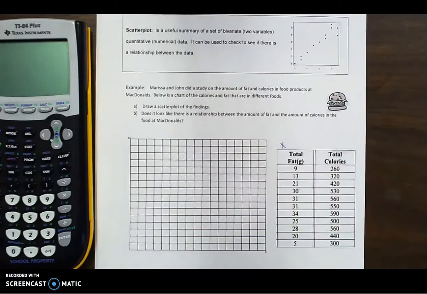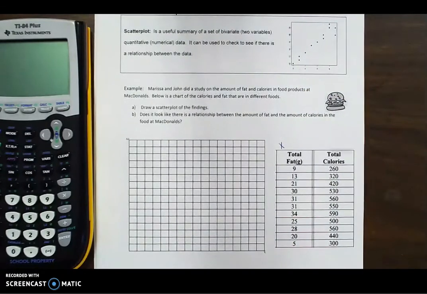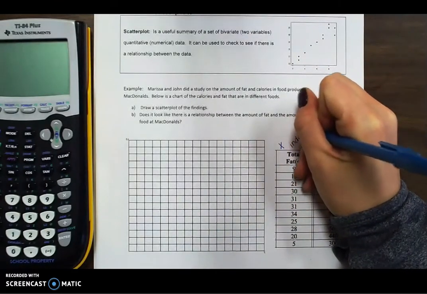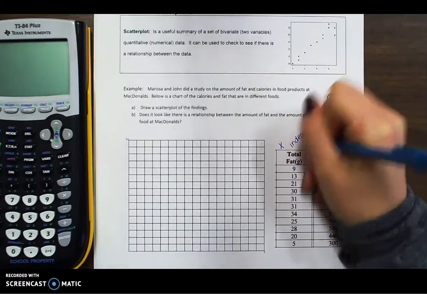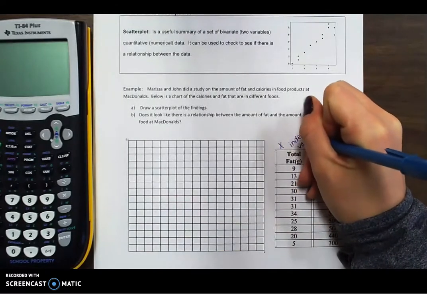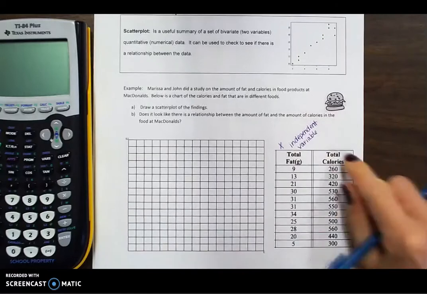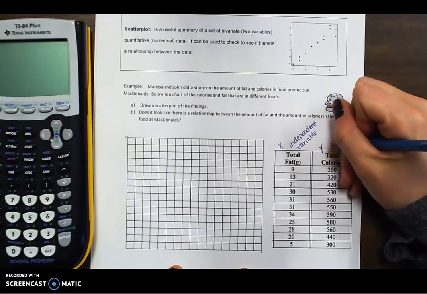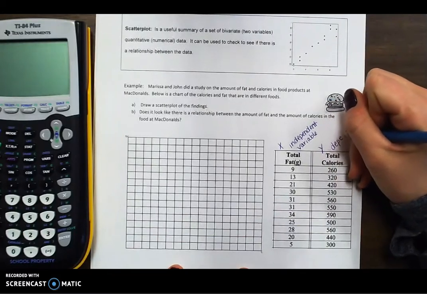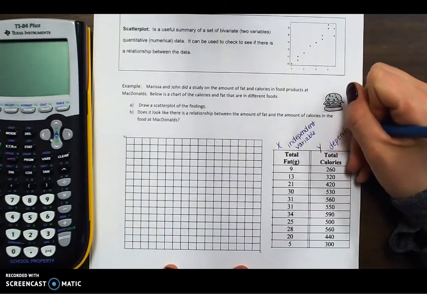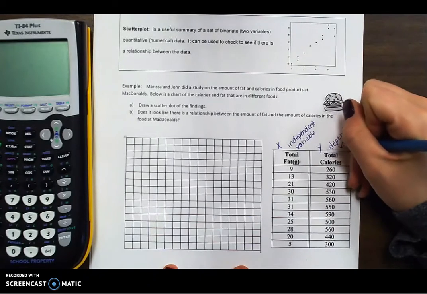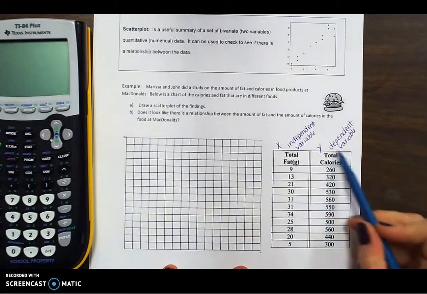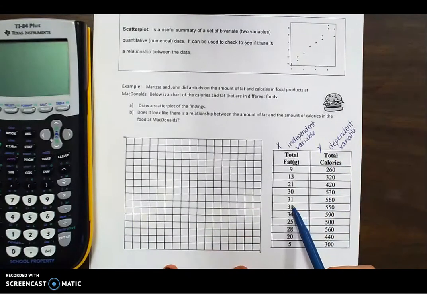Now your X's are also known as your independent variables. Okay, and the second column, these are going to be your Y values. These can also be noted as your dependent variables, because the variable, the Y, depends on the X.